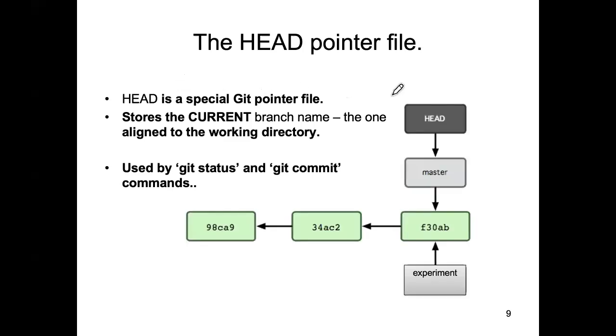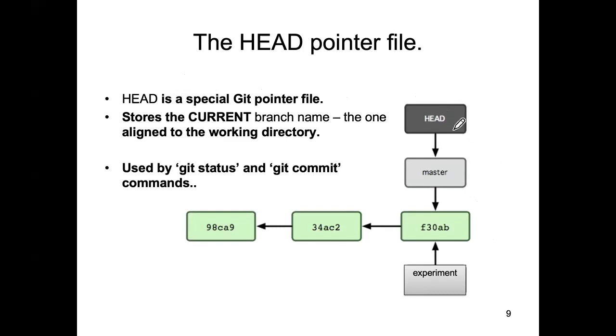So this is my visualization of head. Head now is a file. It contains a reference to one of the branch files. In this case, it's referring to the master branch file. And so if I do a commit now, a new commit object is created here. Master is now pointing at that commit object.